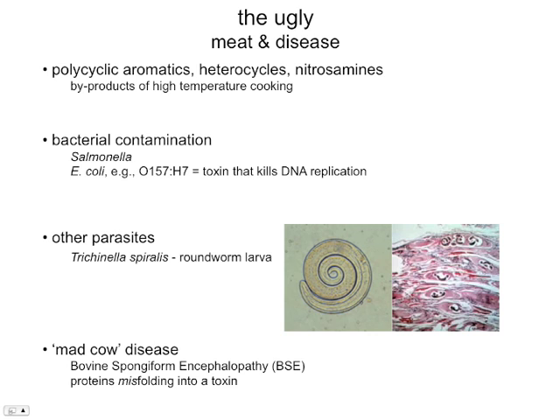Polycyclic aromatics, those are aromatic molecules. We've discussed those in the past as well. Polycyclic indicates that there are multiple rings associated with that molecule. Heterocycles are just rings that involve something aside from carbon, perhaps a nitrogen. Nitrosamines are interesting because they involve compounds that are present in meat as a preservative, nitrates and nitrites.